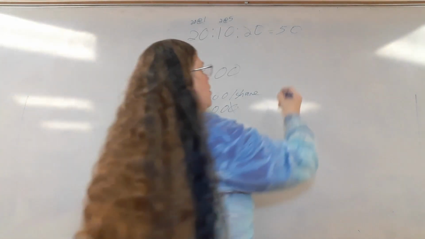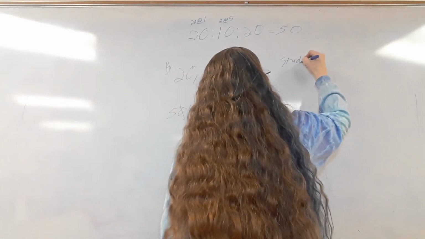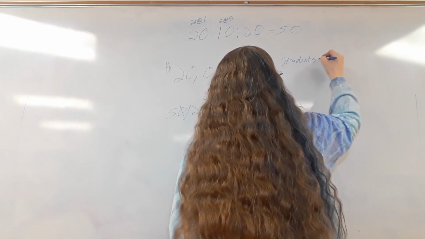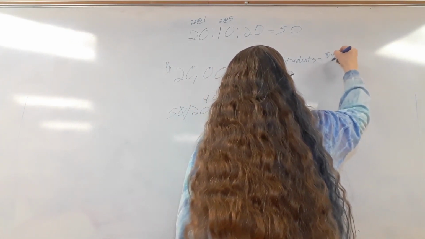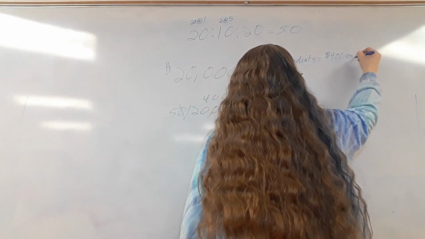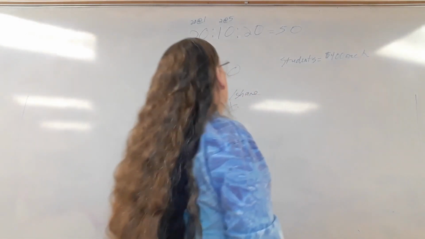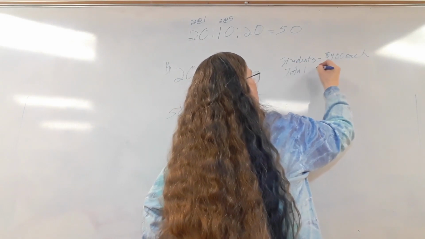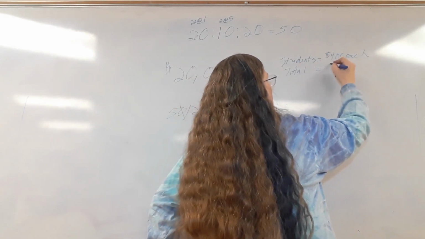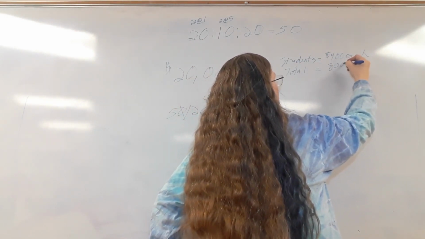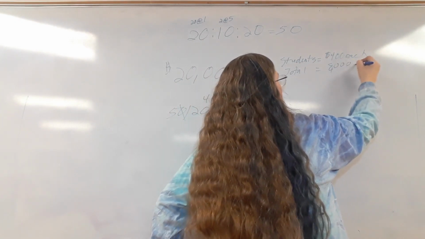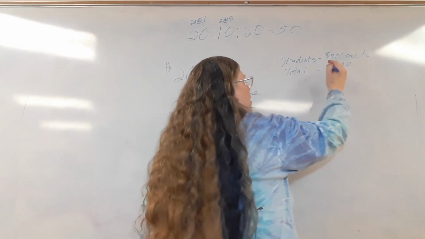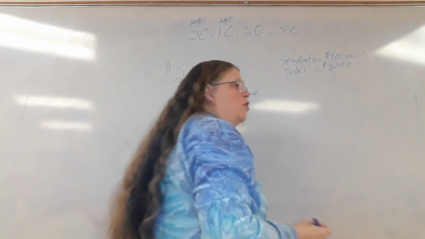So the students get 400 each. Since there's 20 of them, we get 8,000 of our 20,000 goes to the students.